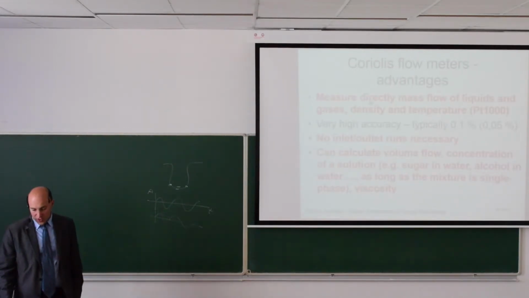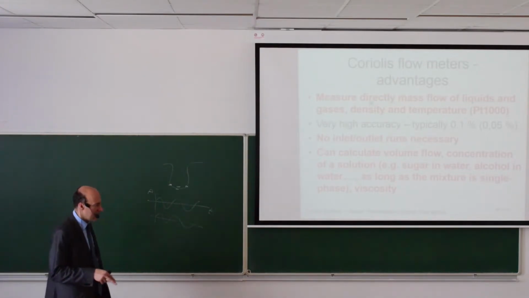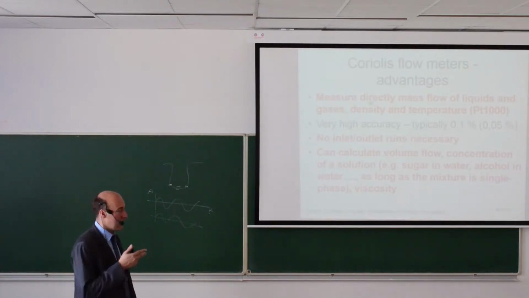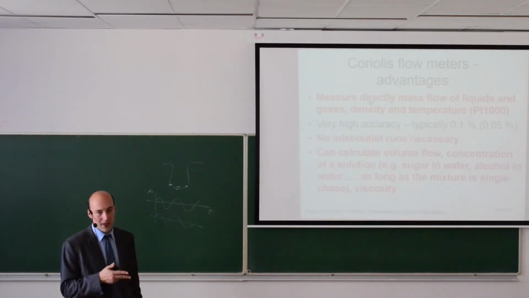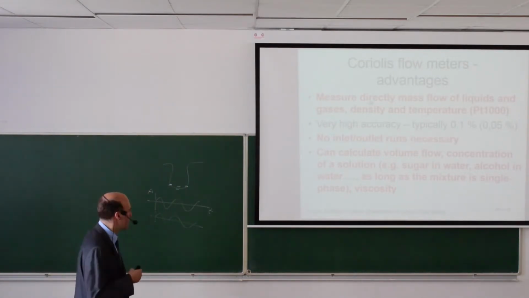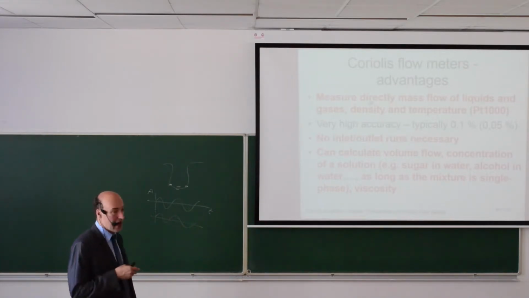What are the advantages of a Coriolis flow meter? So it measures independently flow, density, and if you equip that with a temperature sensor, then temperature as well. A typical sensor is a PT1000 that is installed. It is highly accurate.